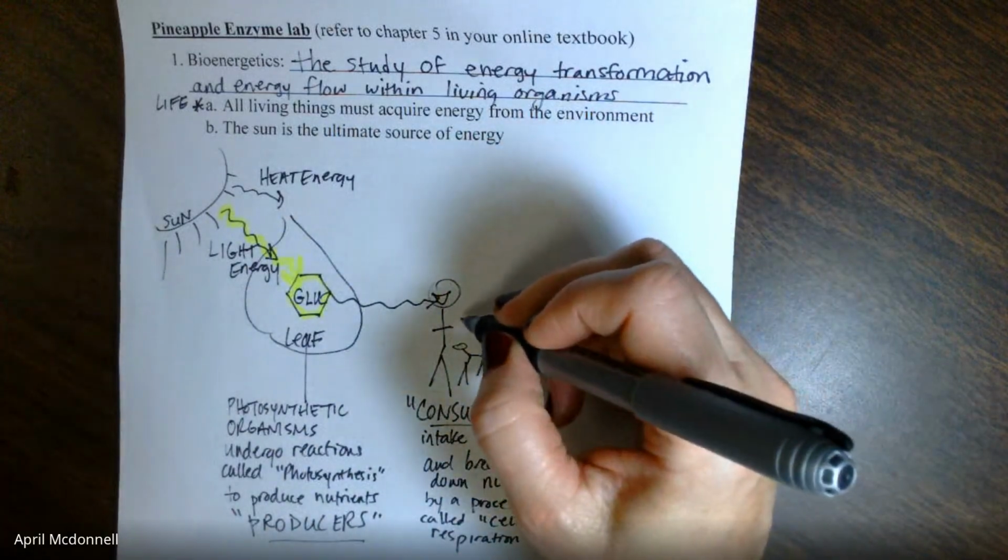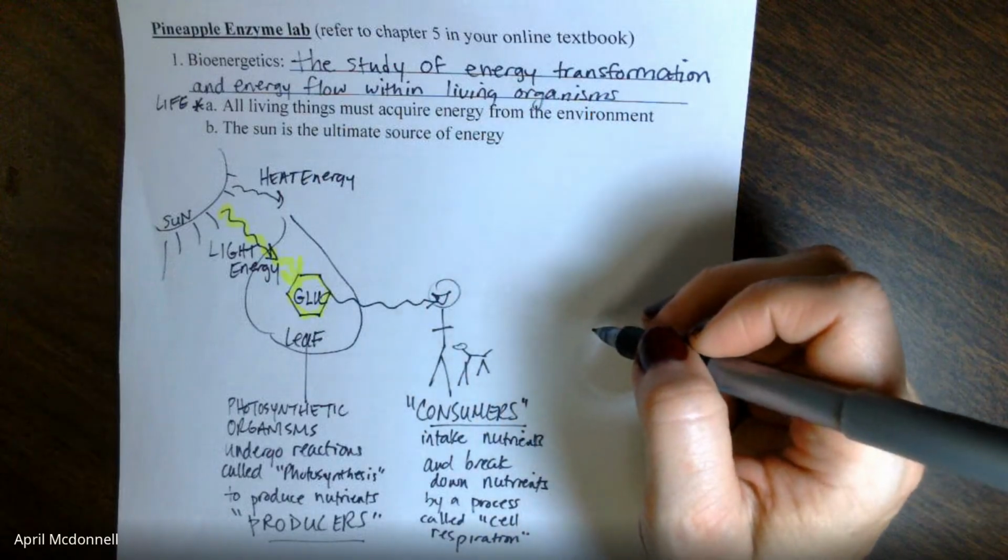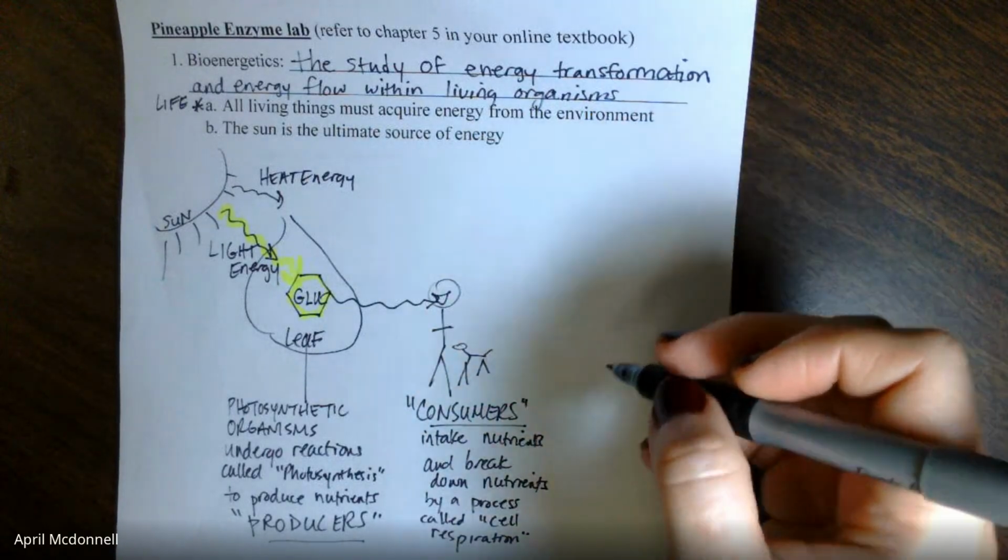When the consumers die, the energy is going to flow to a group of organisms called the decomposers.